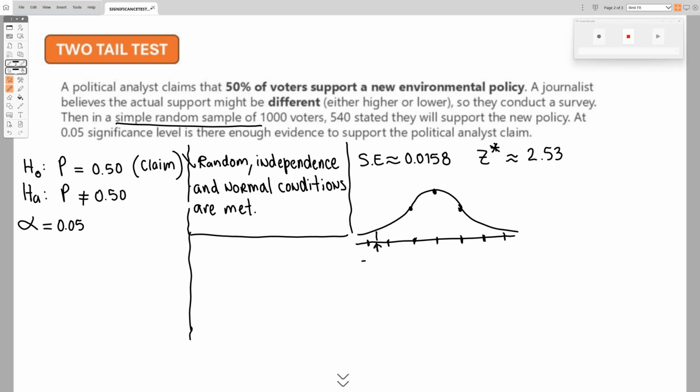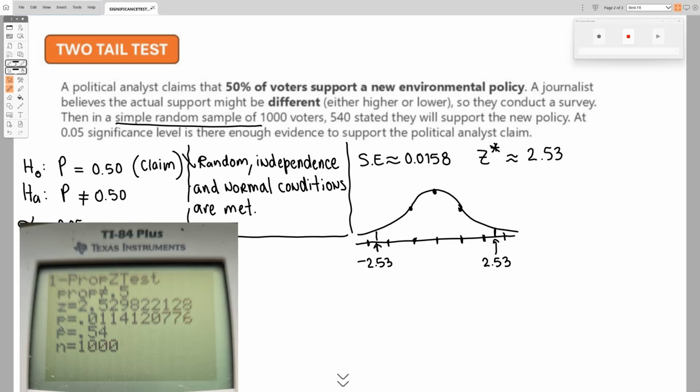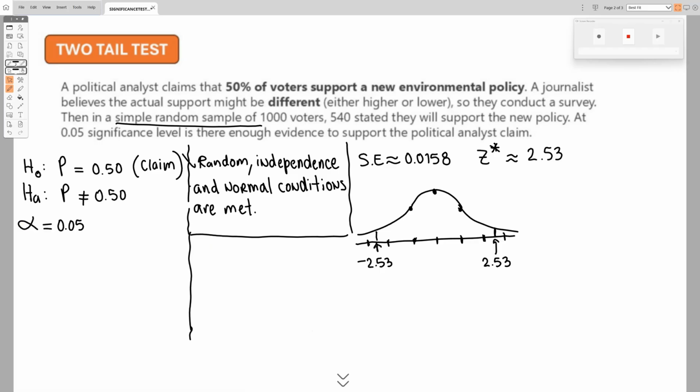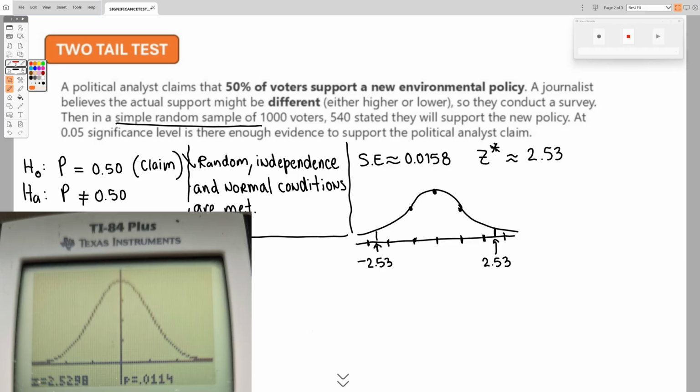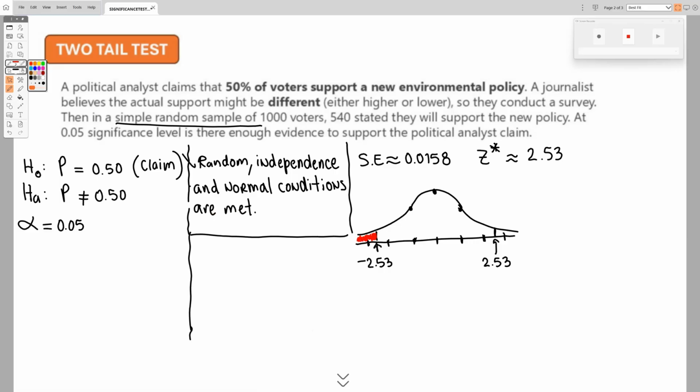This is a two-tailed test, and the two critical values are negative 2.53 and positive 2.53. Using the table of the z-scores, the area under the normal curve to the left and to the right of the critical values is 0.0057.